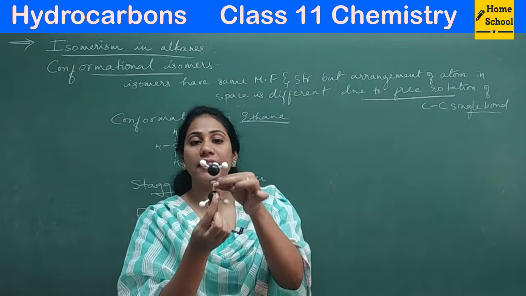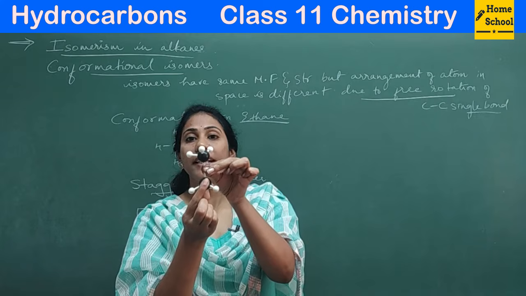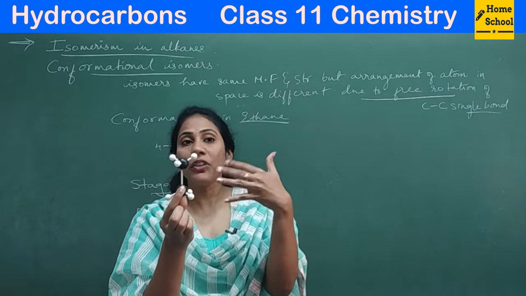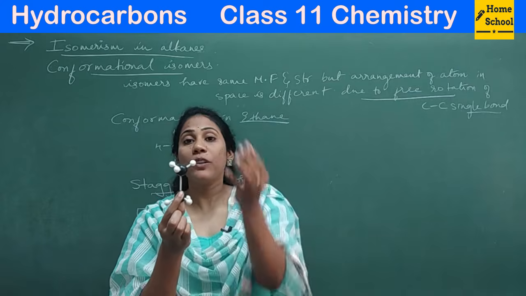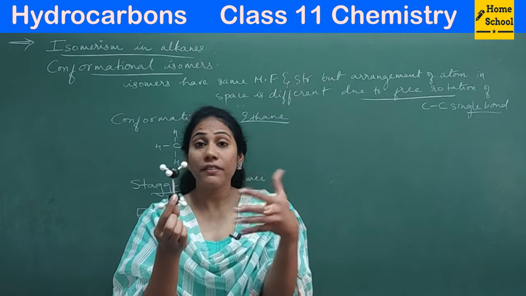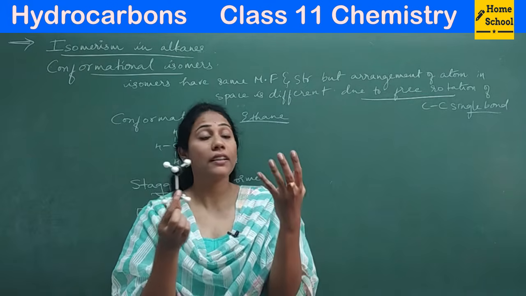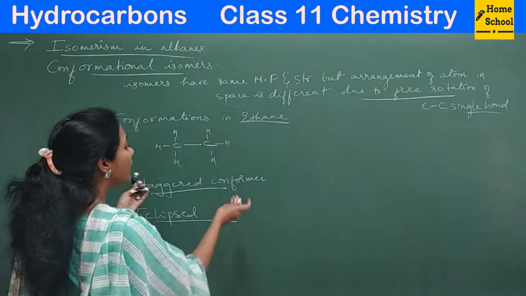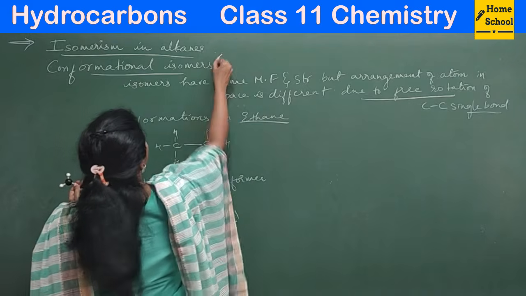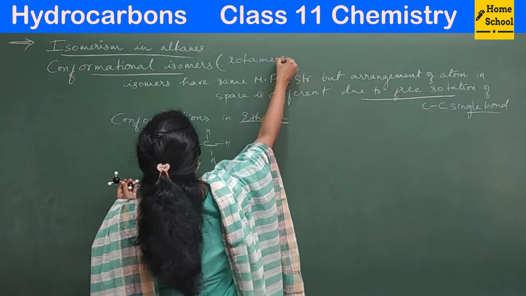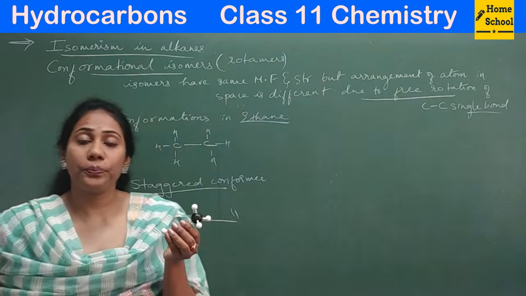So this is one conformer, again rotated, second conformer, again rotated, third conformer. As you keep on rotating, the arrangement of hydrogen atoms in space gets different, right? So that is what we call conformers, or conformers are also called rotamers. Conformational isomers have another name, we can call them rotamers also, isn't it?